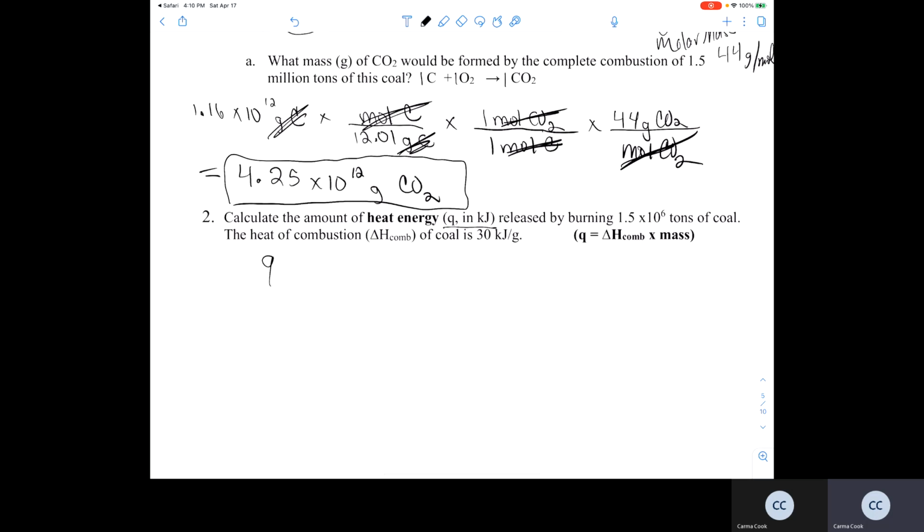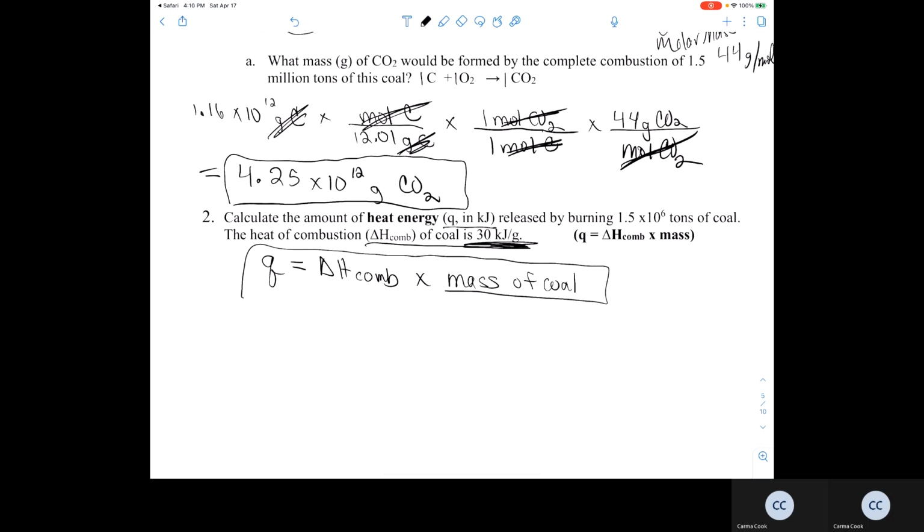The heat Q is going to be equal to the delta H of combustion of coal times the mass of coal. So Q is going to be equal to the delta H of combustion, which is 30 kilojoules per gram, times the mass of coal, which we calculated.